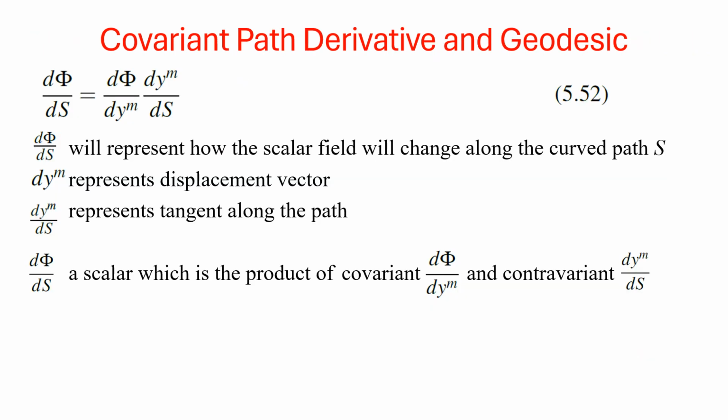Now the covariant path derivative leads to an equation which gives the shortest path between two points in the space-time continuum, and it is called a geodesic.